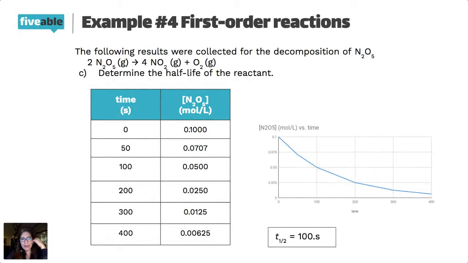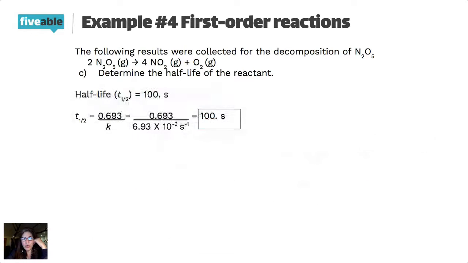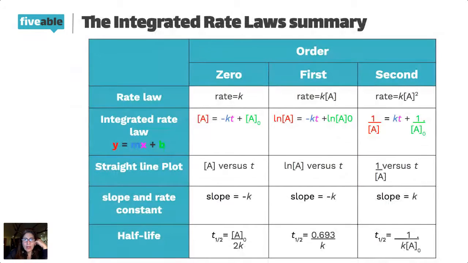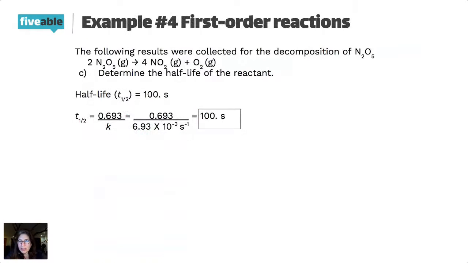So you can get it from the graph, or you can get it as Harman is stating with the formula of half-life, which is 0.693 over the value of K. Either way will give you the same answer. Okay, so now it's independent of initial concentration. Yes, Perla, it is independent of initial concentration.